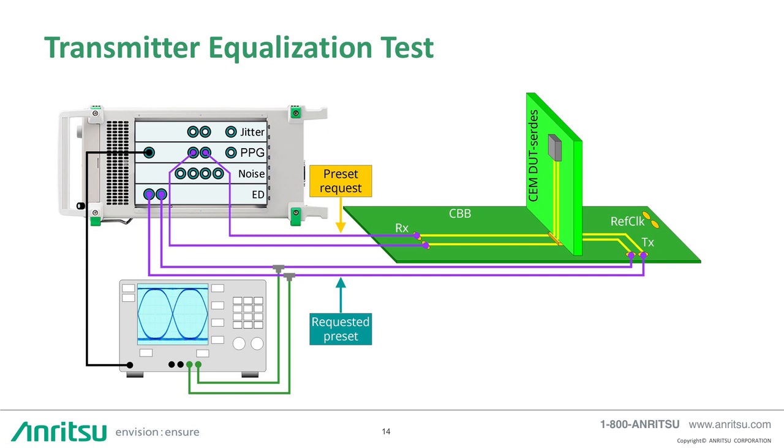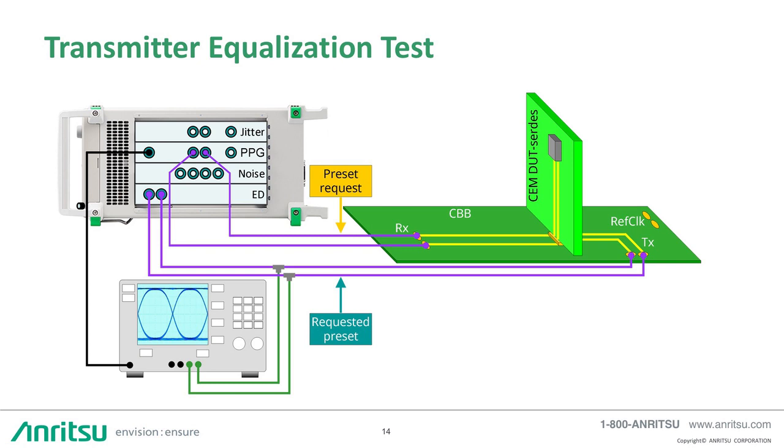The DUT transmitter modifies its FFE scheme and transmits a signal. The DUT transmitter output is split so that its signal is sent to the oscilloscope, shown here with the green cables, and the BERT error detector, in purple.